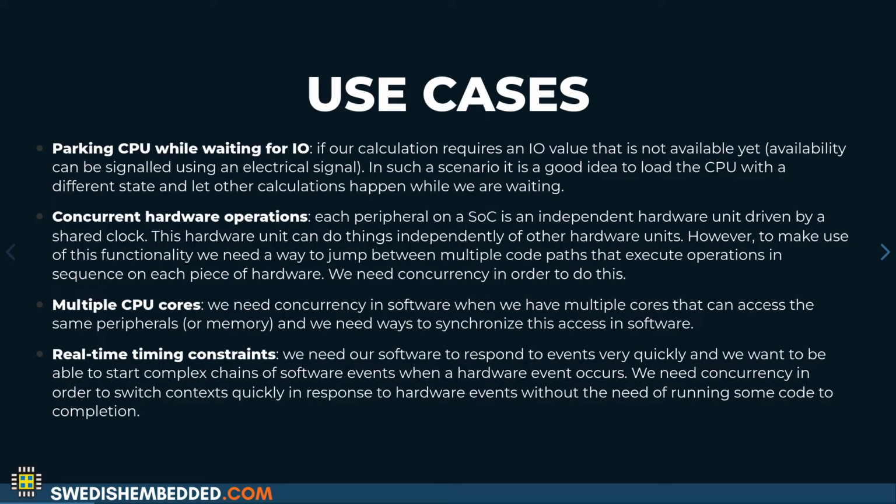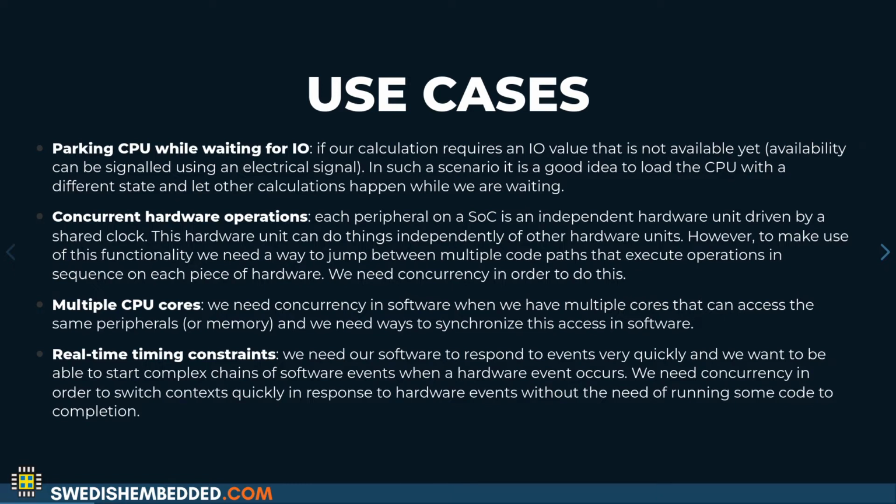The reason this is hard without concurrency is because when we have multiple operations, even though the hardware is able to execute the operations in parallel, because the hardware itself is by definition parallel, so all peripherals are basically clocked with the same clock, if we simplify it, and all peripherals can most of the time do things pretty much in parallel, we cannot make use of this to the fullest unless we have concurrency in place, because most operations that we do with our peripherals are multi-step operations where we need to execute one thing, then wait for some I/O, then give another instruction, then wait for more I/O.